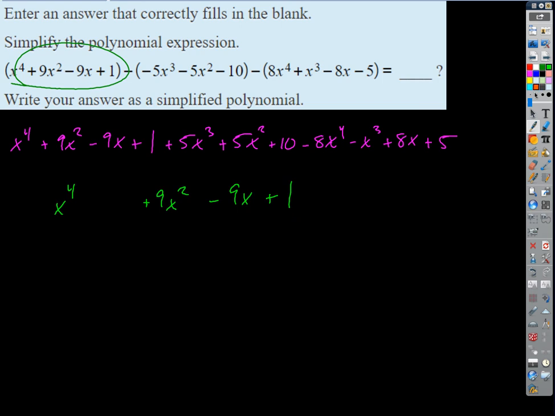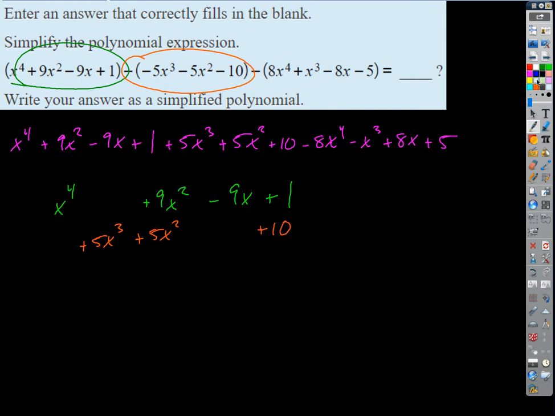Now I'm going to distribute the negative sign, and I can do this all at once. I'm going to distribute the negative sign and then just add the result, right? So what's that going to give us? We already told me I'm going to get a positive 5x cubed. I'm going to get a positive 5x squared. I'm going to get no x's, and I'm going to get a plus 10. You're starting to see the logic in this probably, right?